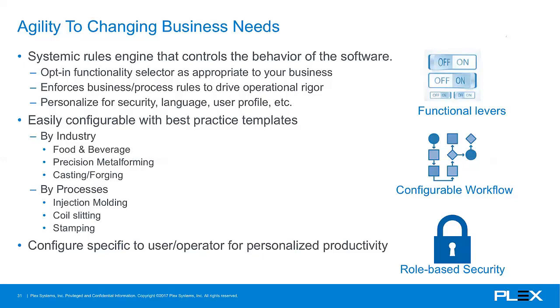Security is managed easily across multiple departments, divisions, and plants. Business processes are tailored specific to the industry and manufacturing process for each individual plant. Even localization requirements, languages, and user-specific options allow the user experience to be intuitive and productive.